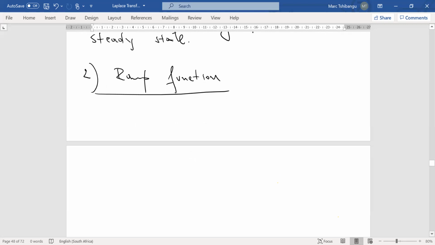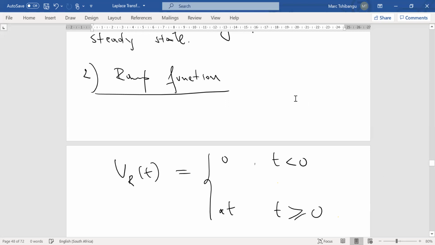And also, in some instances, set points are sometimes ramped from one value to another, instead of making a sudden change. And mathematically speaking, this function is referred to as u_R of t, the ramp function, and it is also a piecewise function where it is equal to 0 when t is less than 0 and equal to a t when t is greater than or equal to 0.